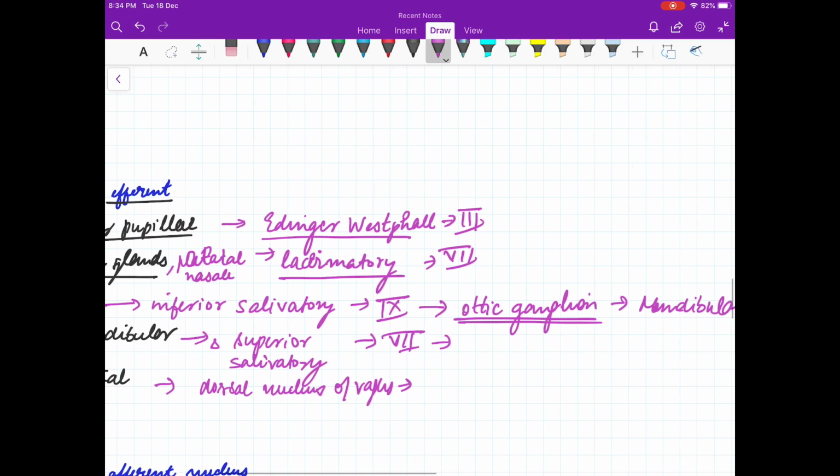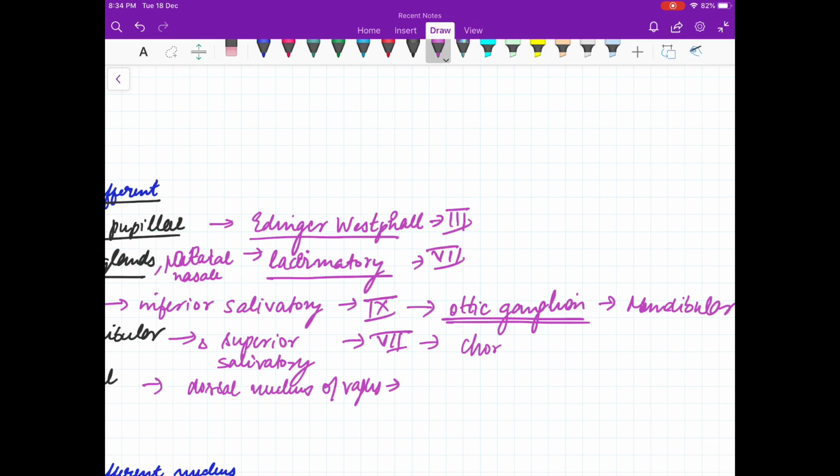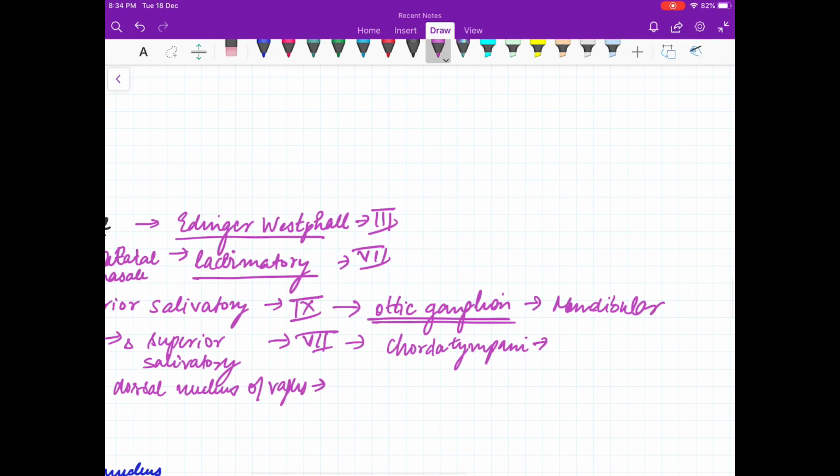Submandibular glands are supplied by chorda tympani nerve, branch of facial nerve, and it goes to submandibular ganglion.